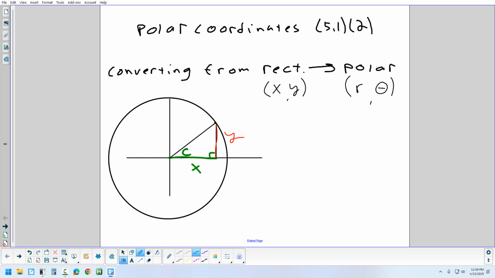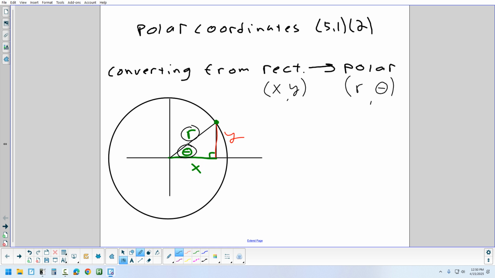And the angle is the amount of rotation to get up to that point. That's that angle in the triangle, right there. So you need to figure out the two things that I just circled, the R and the theta. That's the goal. Any question on what the goal is?